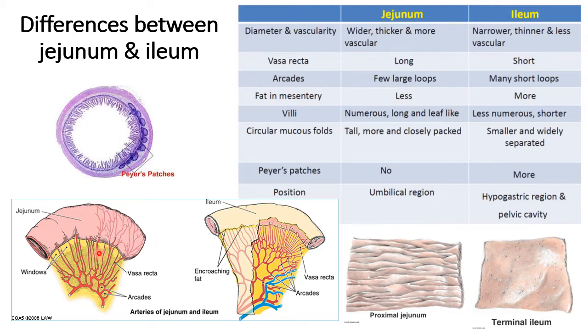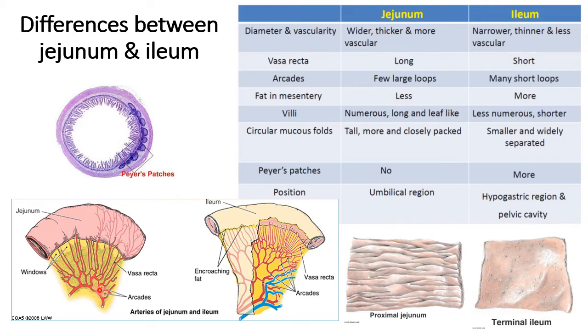The other difference between these two structures is the arrangement of the blood vessels in the mesentery. There are loops of blood vessels that we call arcades, and then from these arcades there are branching long or straight blood vessels that we call vasa recta.